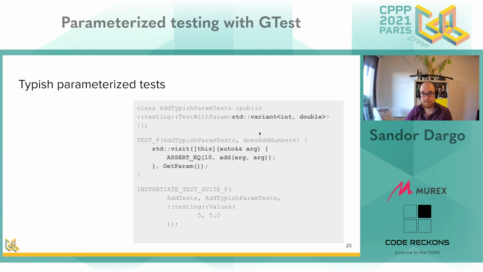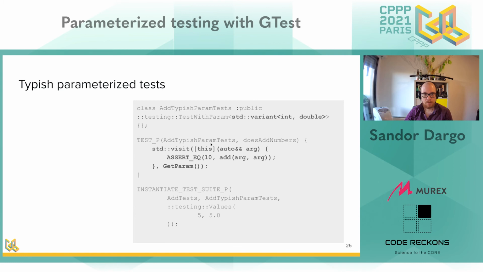Because in fact, we could even have tuples within this variant, and we could pass in 3 values as well, like what two numbers we want to add up and what is the expected result, which might make sense in this case.